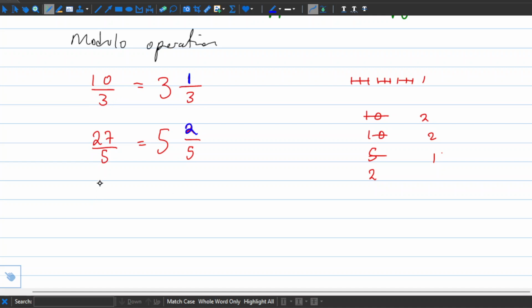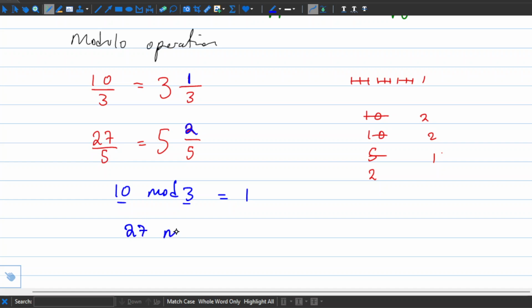It would be an expression written like this: 10 modulo 3. This basically means, what do you get as the remainder when you divide 10 by 3? And we get 1. Easy peasy. The other one is this one. How would we express this?